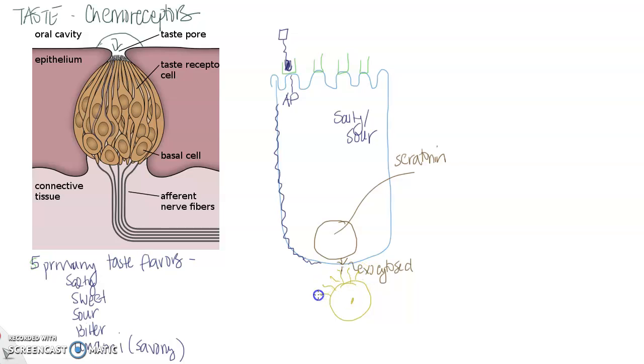So it synapses with this cell, and the serotonin brings over the response, and it carries it to the central nervous system. Okay, we know that the taste goes to the brain and goes to the insula. That's where the gustatory nerves go. All right, so that's salty and sour.